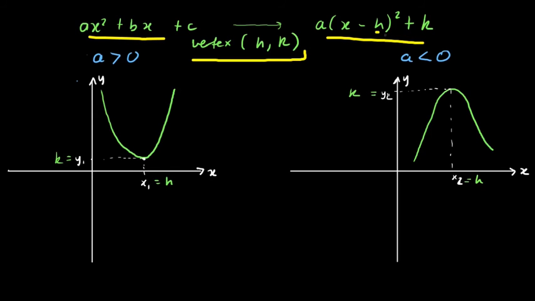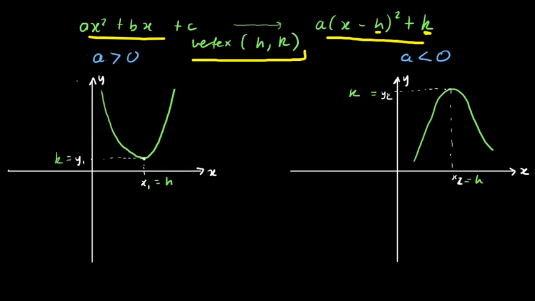So this is h and k. They don't determine whether the graph has a minimum or maximum, but they show where the maximum or minimum is. They give the coordinates of the minimum point or the maximum point.